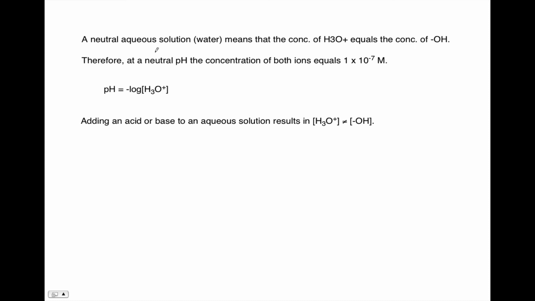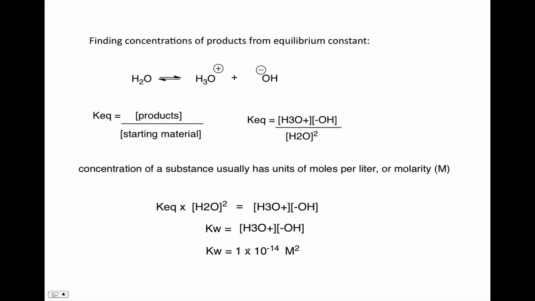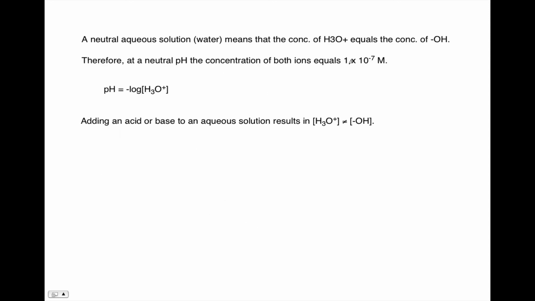When an aqueous solution is neutral, meaning water, what that means is the concentrations of the two ions, H3O+ and OH-, are exactly equal. When those two concentrations are equal, that means the aqueous solution is neutral. So if you look back at that equation, Kw equals 1 times 10 to the minus 14th, when these two terms are equivalent to each other, then each of these must equal 1 times 10 to the minus 7th molar.